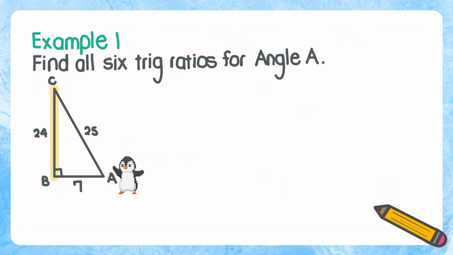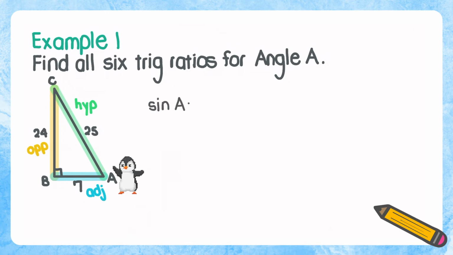Based on where this penguin is standing, this is the opposite side. And then we also have the adjacent side, the side right next to our penguin right here. And our hypotenuse is always on the opposite side of the right angle. Now we can set up our 6 trig ratios.